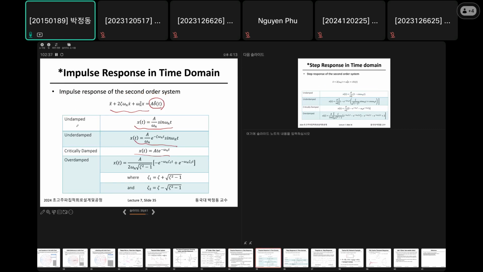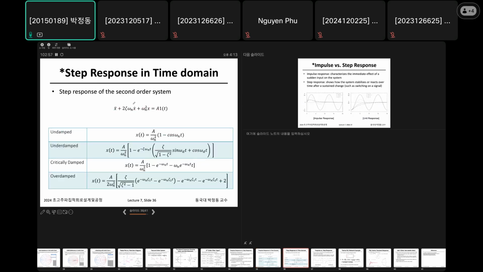Underdamped, critically damped, overdamped. Okay, so you can get this. Step response is the same. Here, this is a unit. So you get those results.